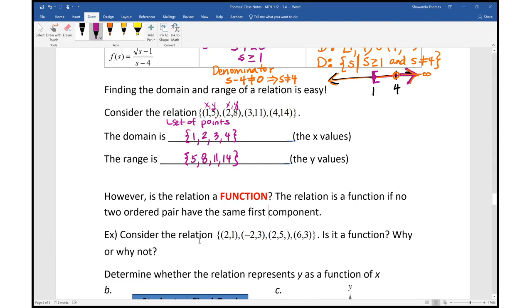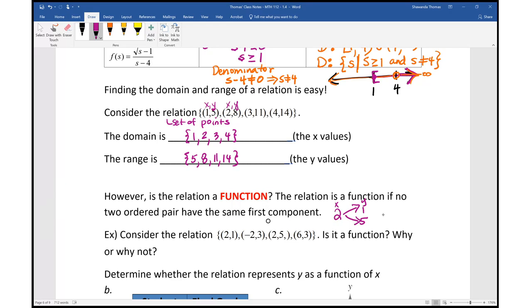All right. So, for example, consider the relation 2, 1, -2, 3, 2, 5, 6, 3. Notice that the x value 2 is going to 1 and is going to 5. That's a problem. You want to be able to predict whether 2 is associated with 1 or 5, not both. That's a little unpredictable.